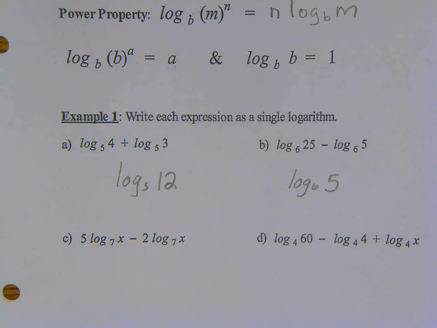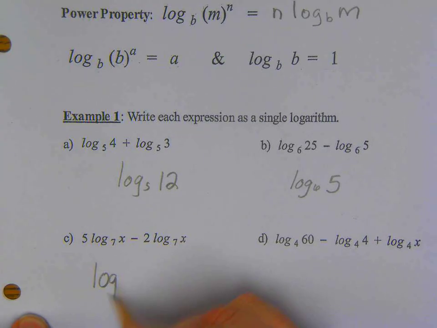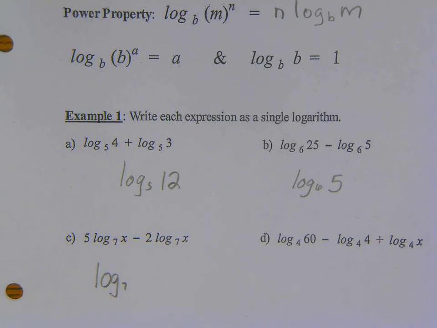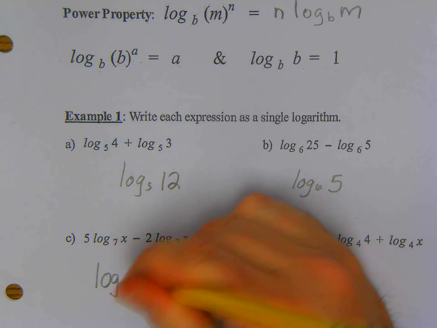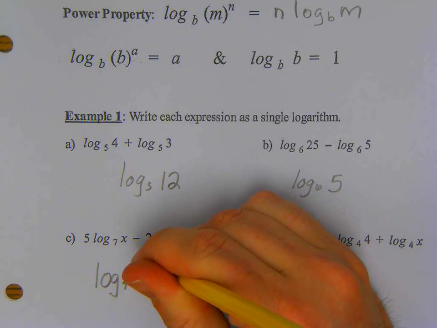C, how about 26? Log 7. Then you said what? To the third, you said? Yeah. How'd you get that?